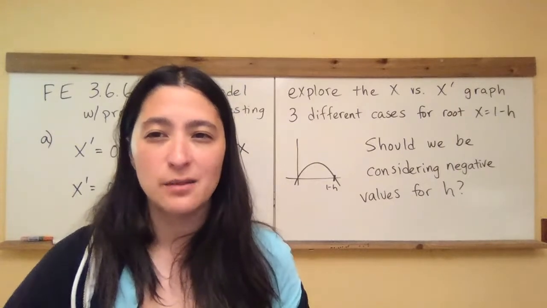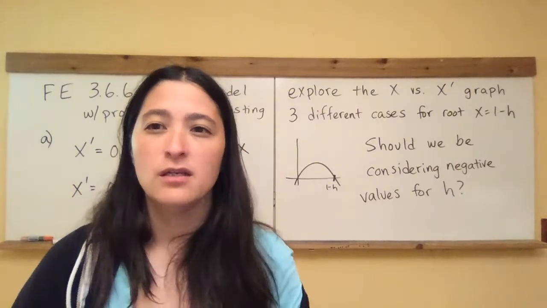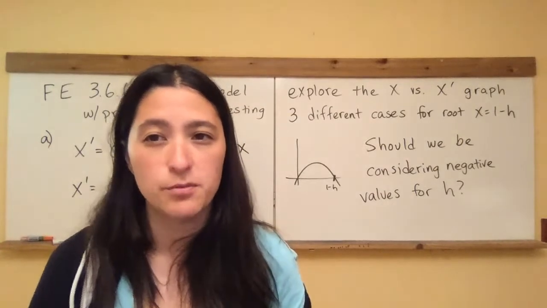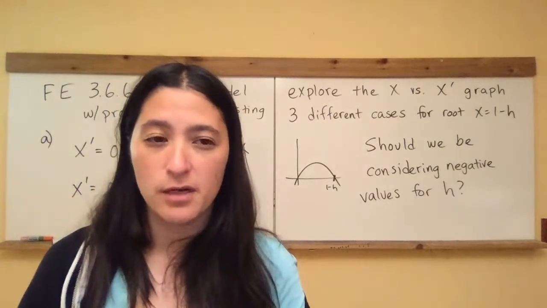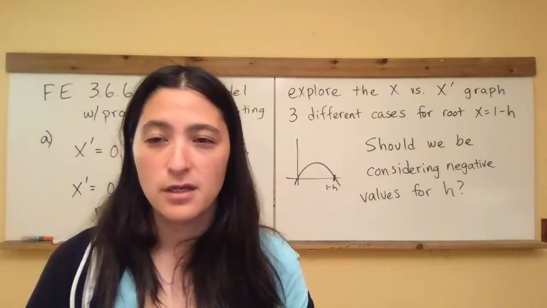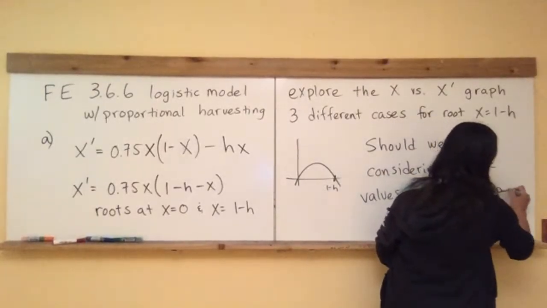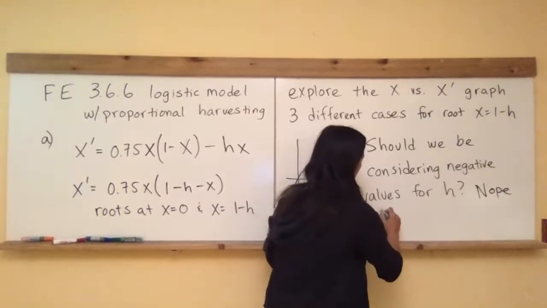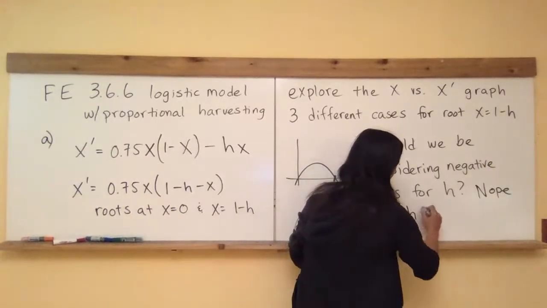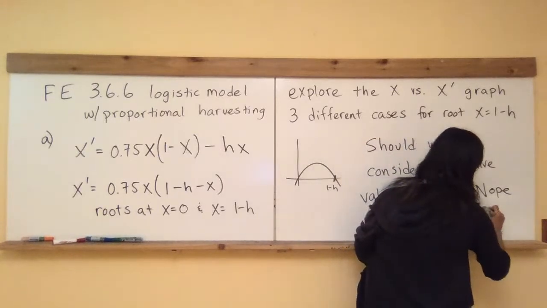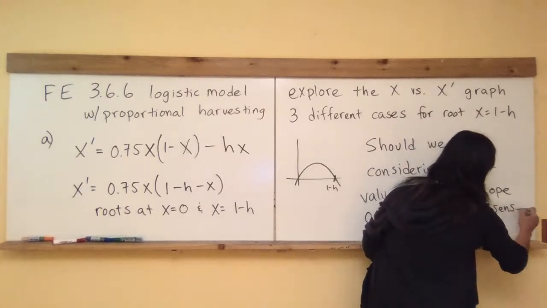So in some ways, sometimes negative values for harvesting might be appropriate, such as in the problem I wrote this week for applied math. But the answer here is nope. Only h greater than or equal to 0 makes sense here.